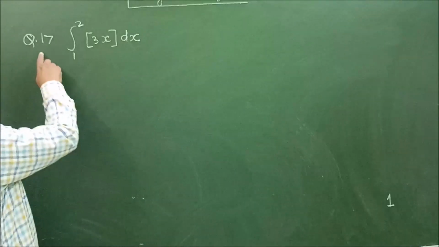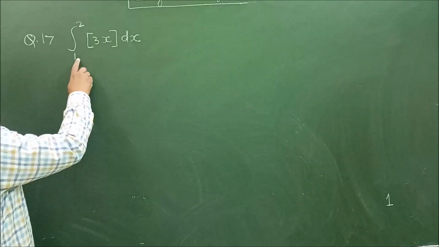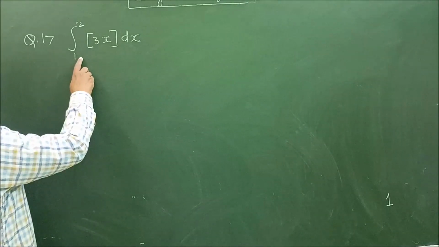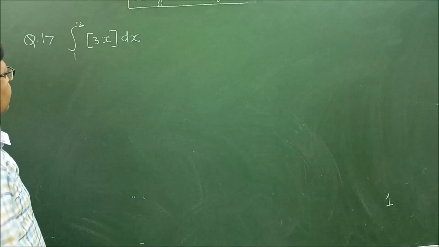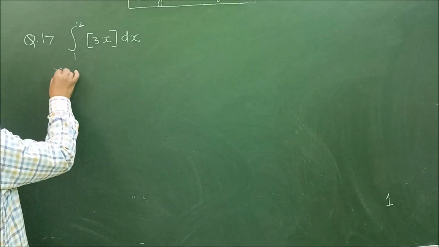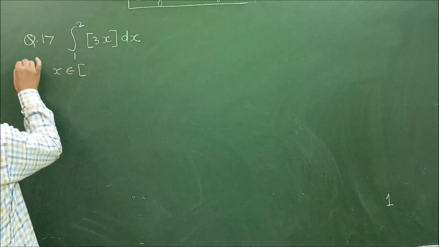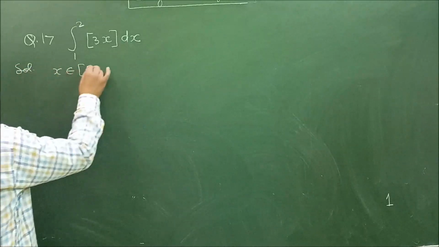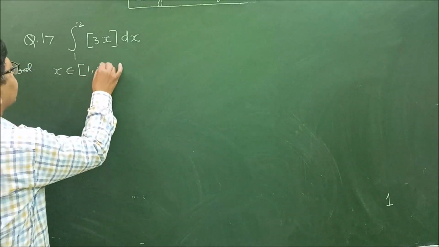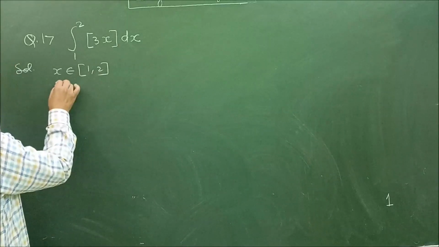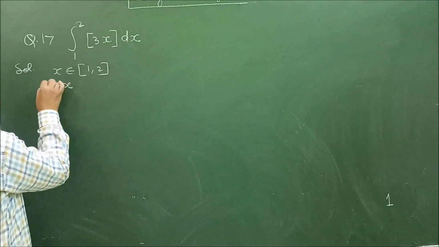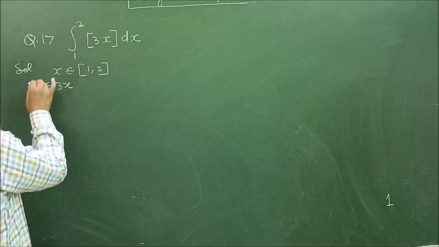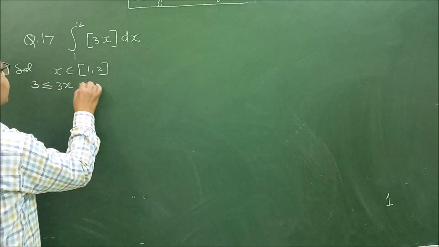Next question, question number 17. Evaluate the definite integral from 1 to 2 of the greatest integer 3x dx. Here the value of x lies between 1 and 2, so the value of 3x lies between 3 and 6.